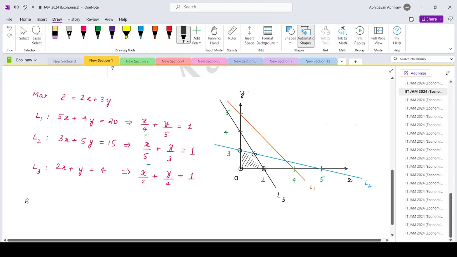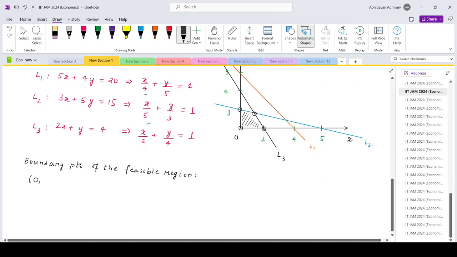So the boundary points of the feasible region are 0, 0, which will obviously not be considered.